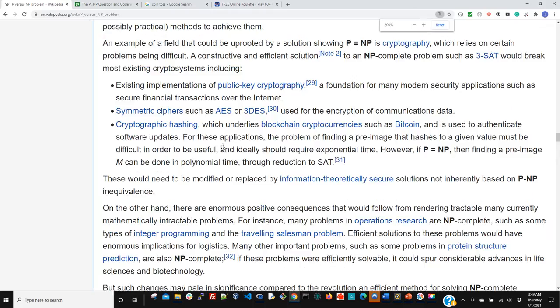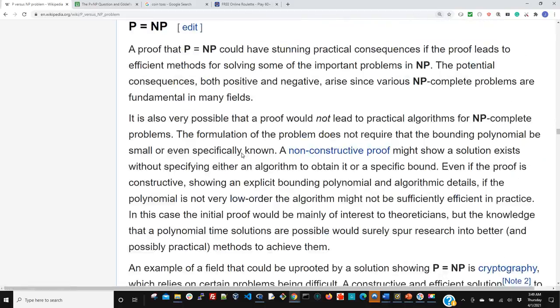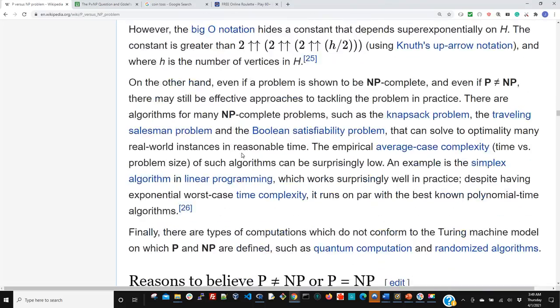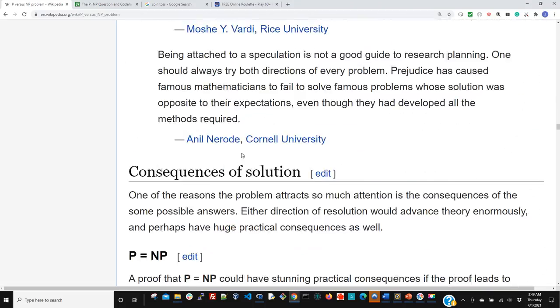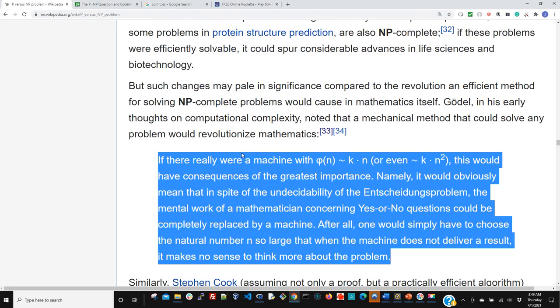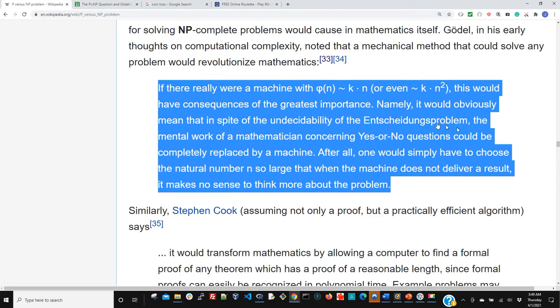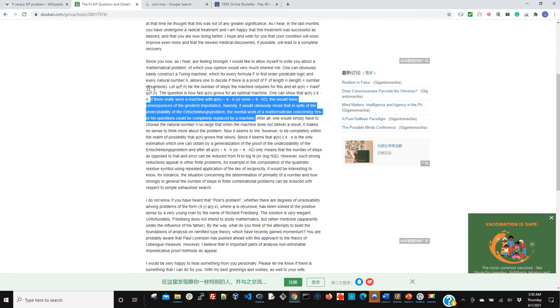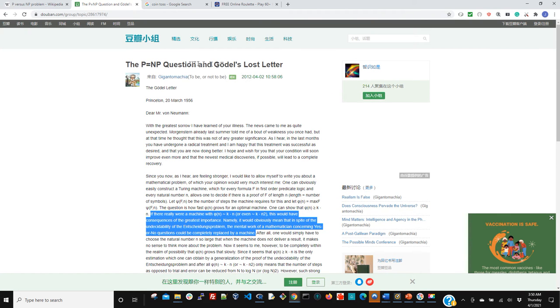And to zoom right into that, it is right here. And that question was posed by Gödel in 1956. It's right here in a quote. The P equals NP question, and Gödel's lost letter, which is to John von Neumann at Princeton in March of 1956.